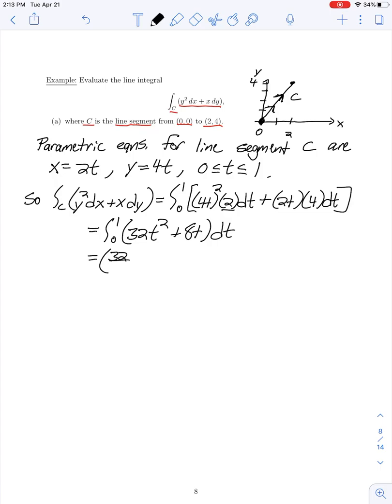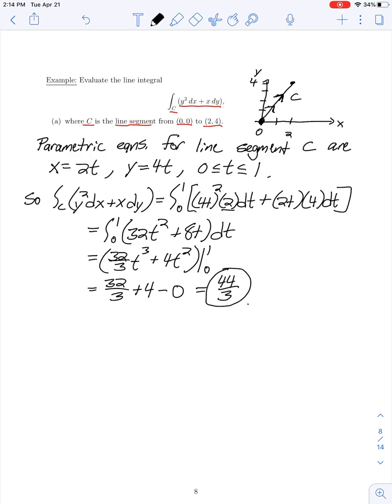So in this case, 32 over 3 t cubed plus 4t squared from 0 to 1. So this then gives us 32 thirds plus 4 minus 0 when we plug in 0 for t. So we have 32 thirds plus 12 thirds would give us 44 over 3. Okay. So we get 44/3 for the line integral of this function over that curve.